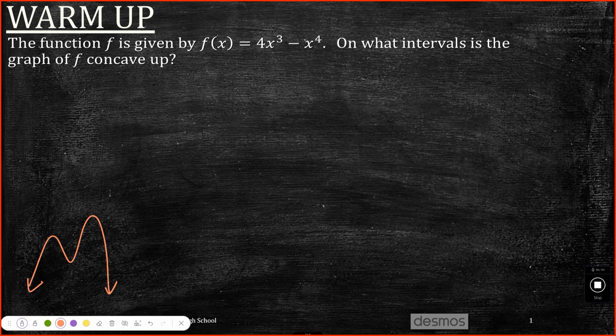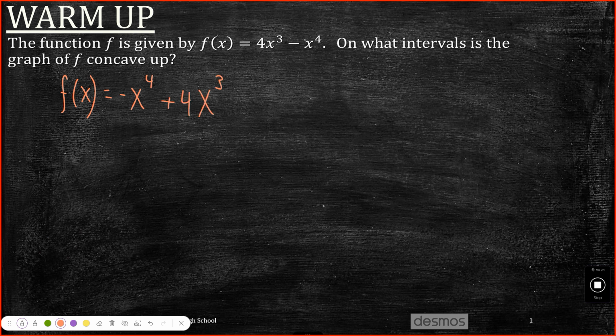All right. So anyways, the procedure is that we have to do what? Let's write down the function. Let me write it correctly, with the higher power first. f of x equals negative x to the fourth plus 4x to the third. So what's the procedure?